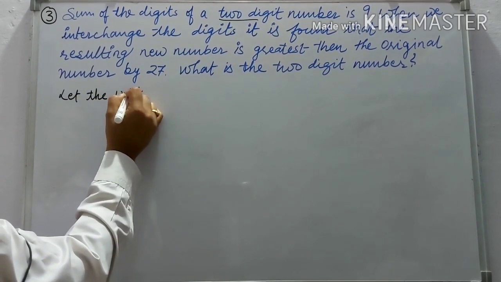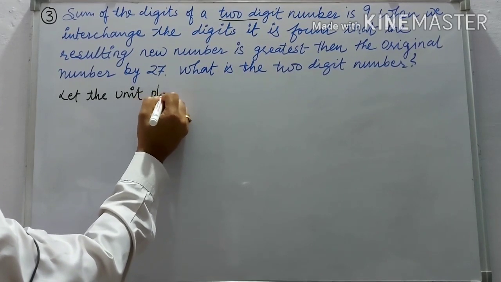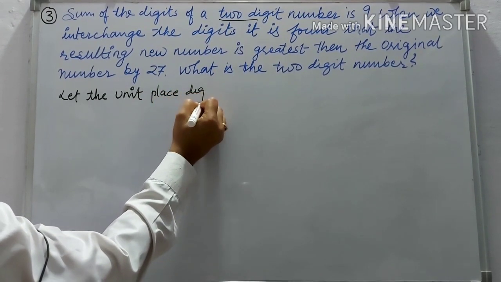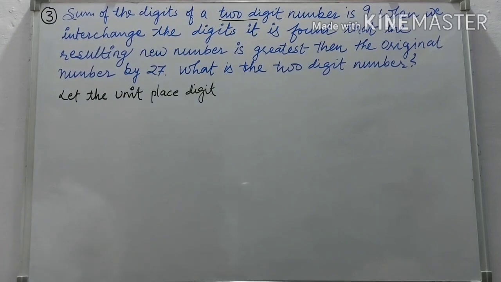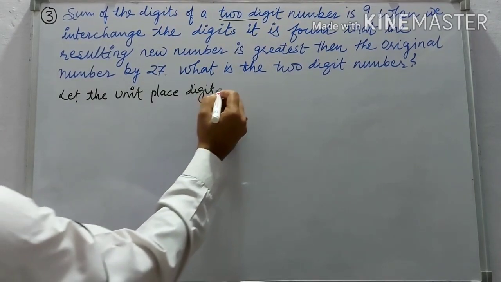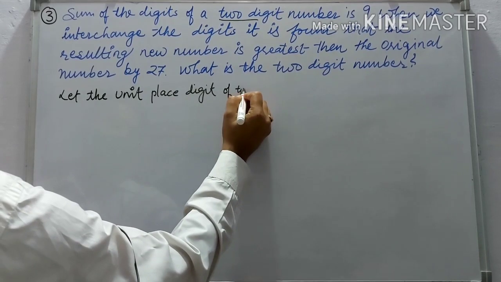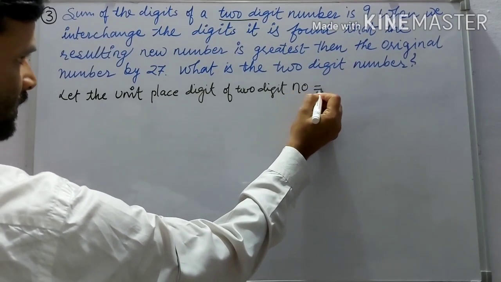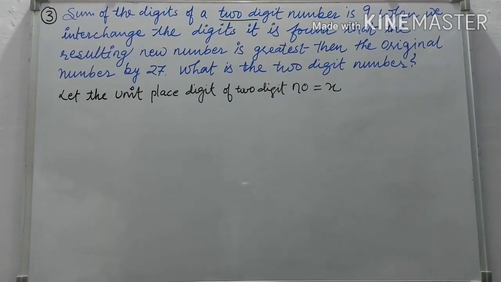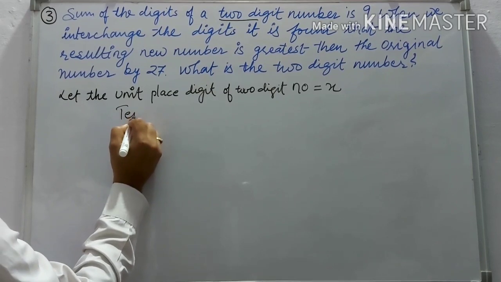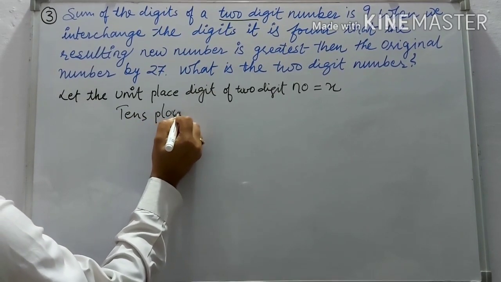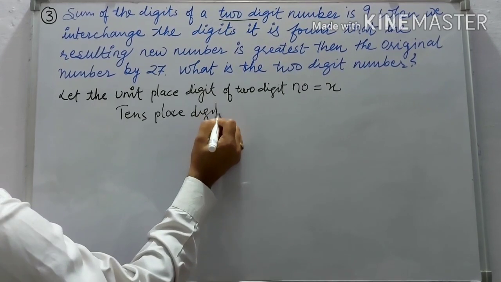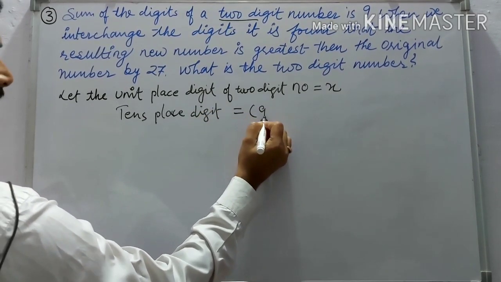Let the unit place digit of the two-digit number be x, and the tens place digit is 9 minus x.